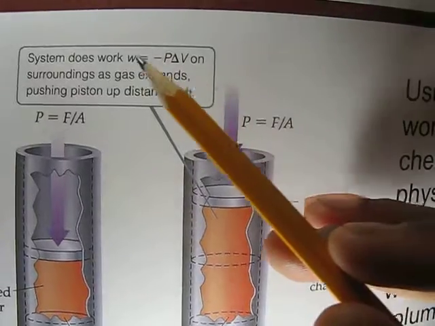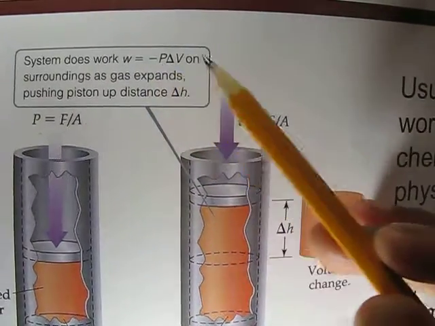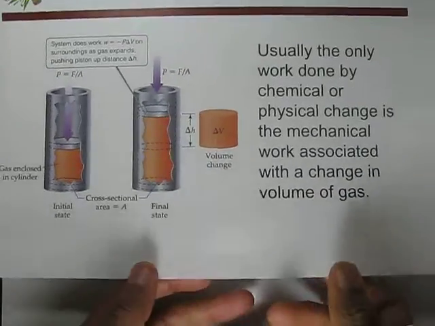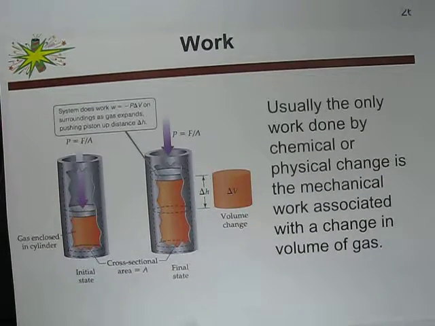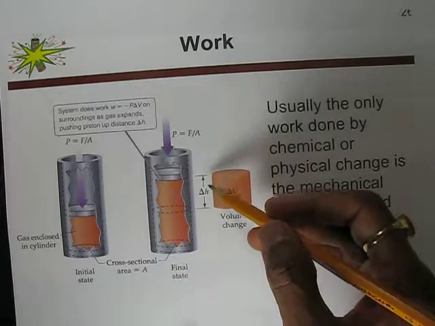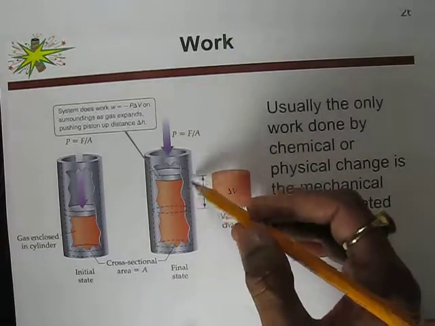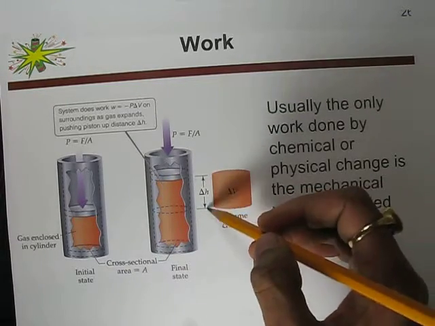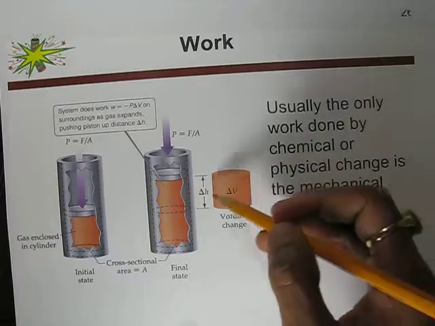So work is equal to minus P delta V, where P is pressure, and delta V you can calculate from the area and the height to find the total volume change of the cylinder.